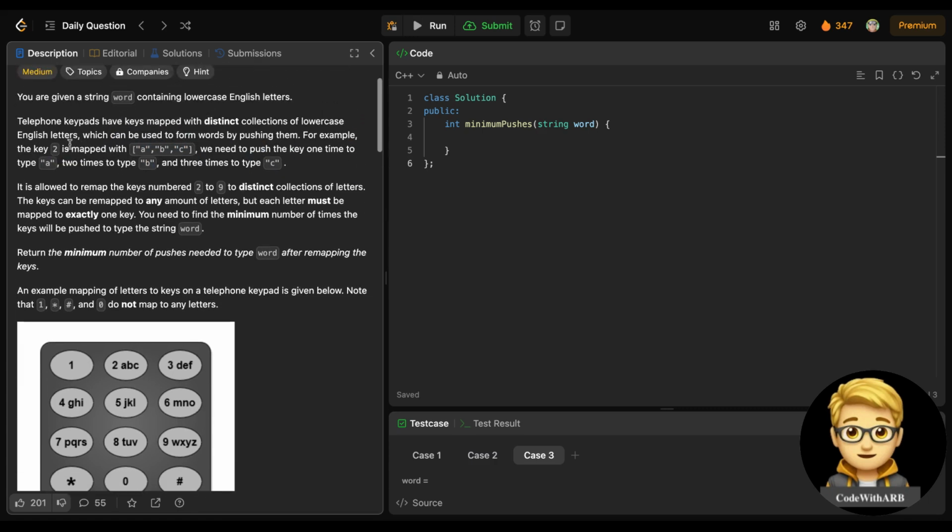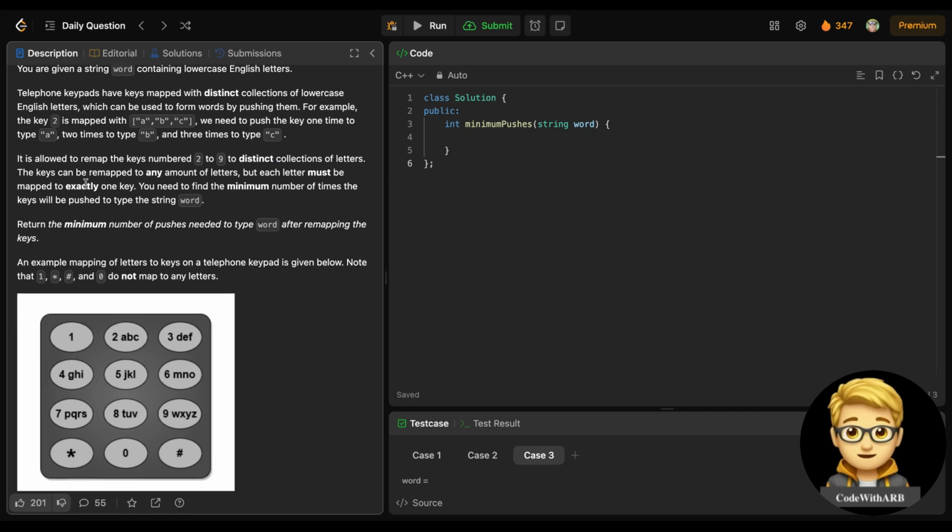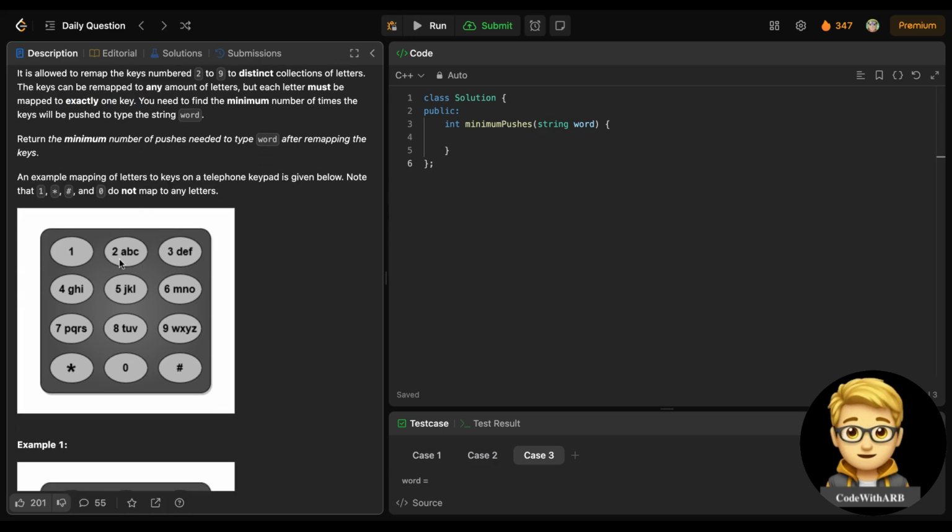Here the question is asking us that we can remap the keys from 2 to 9 to distinct collections of letters. The keys can be remapped to any number of letters, but each letter must be mapped to exactly one key. So we can map the lowercase letters to any numbers, but each character must be present in only one number.